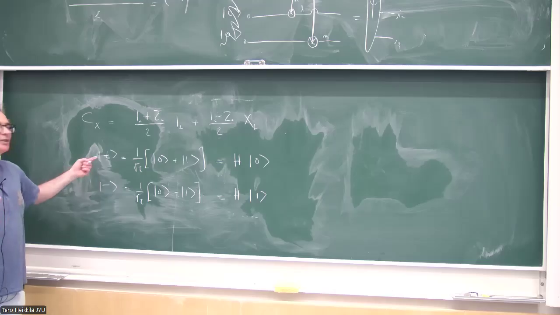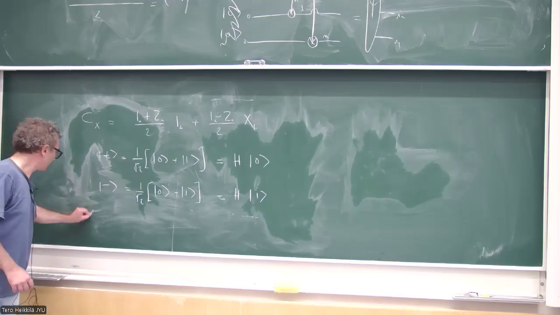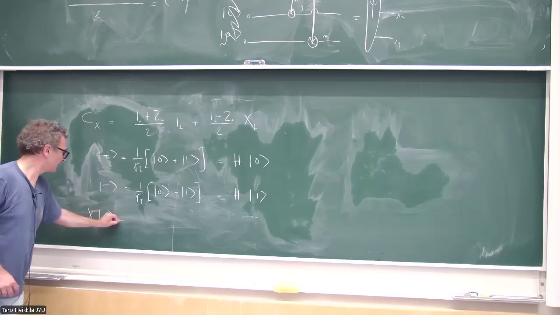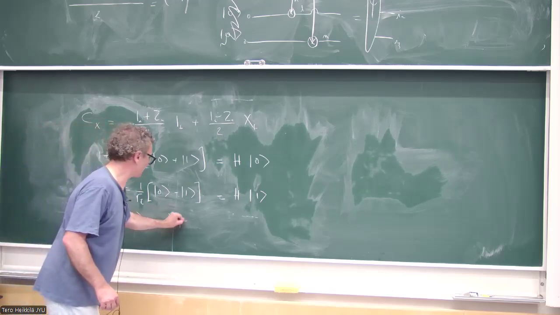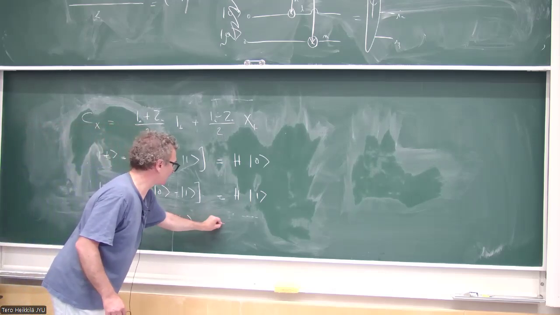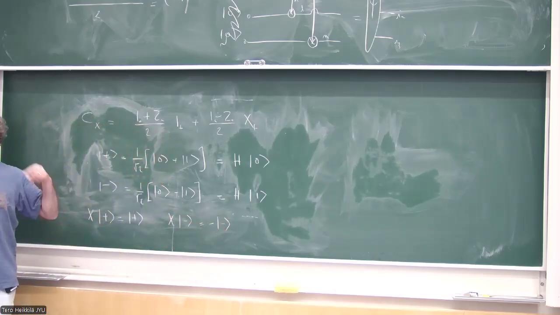Plus and minus play the same role as 0 and 1, but in the basis of the eigenstates of the X operator. So X on plus is equal to plus, and X on minus is equal to minus minus. So the X operator in this basis is like the Z operator in the 0,1 basis.